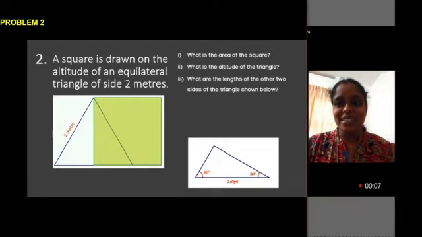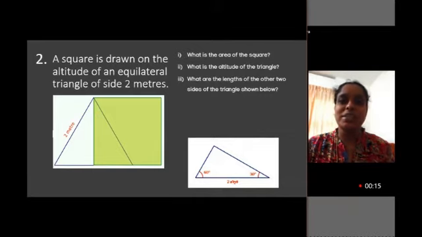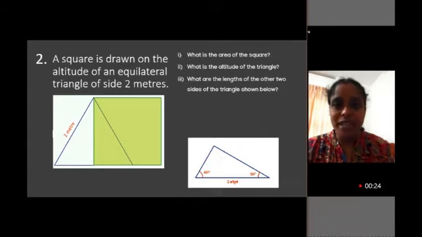The second question is, a square is drawn on the altitude of an equilateral triangle of side 2 meter. You can see a picture here. Question number 1. What is the area of the square? Second, what is the altitude of the triangle? Third question. What are the lengths of the other two sides of the triangle shown below? Then you can see here an equilateral triangle and an altitude is drawn here.